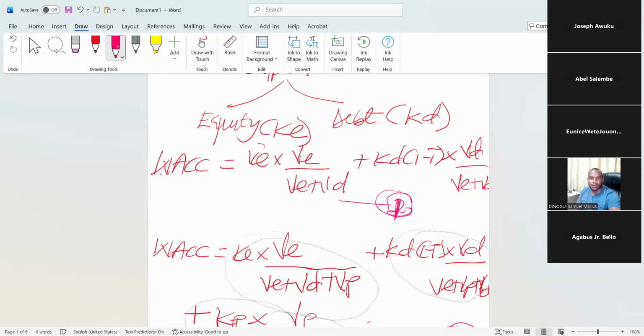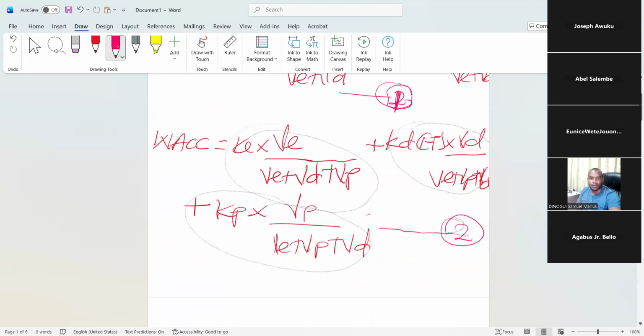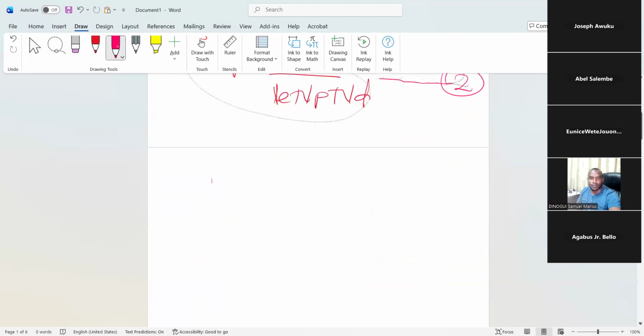So the first one is our friend here, which is KE, cost of equity. What are the ways of calculating cost of equity? We said that we have two main methods.